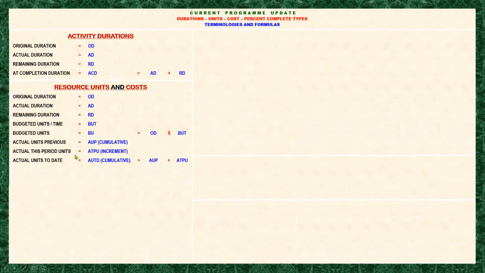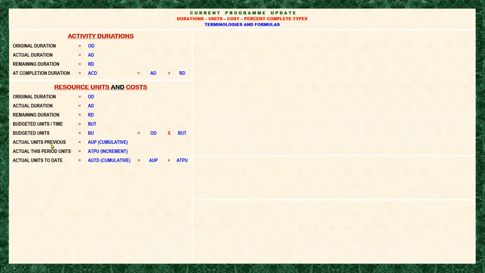Let's say, for example, we are updating on the month of September. So when we are updating for the month of September, the actual this period units is for the month of September.